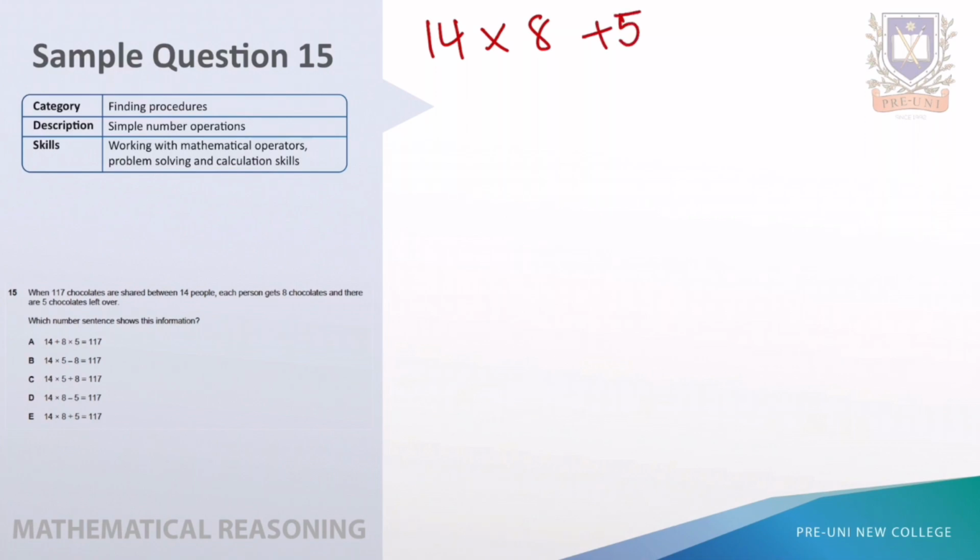So 5 left over, and that would all equate to 117 chocolates. So working through bits and pieces of information, we can gather that the answer is E. So students should read carefully to be able to understand the information and to be able to convert it to a mathematical equation.